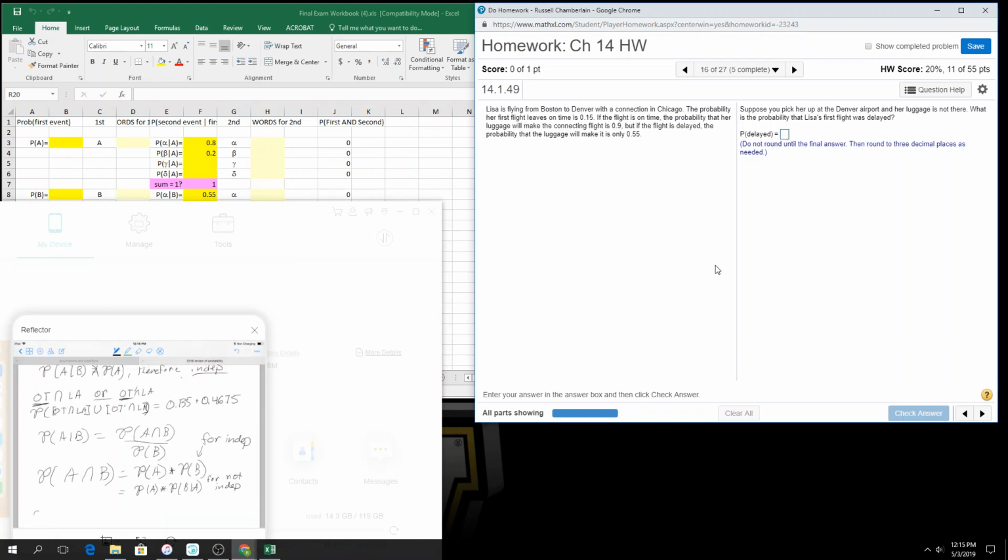And then just one more, probability A or B is probability A plus probability B minus probability of both happening at the same time. That's 0 if disjoint.